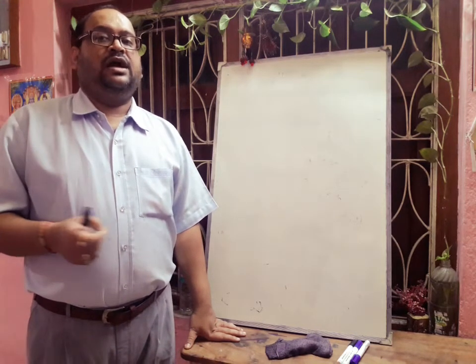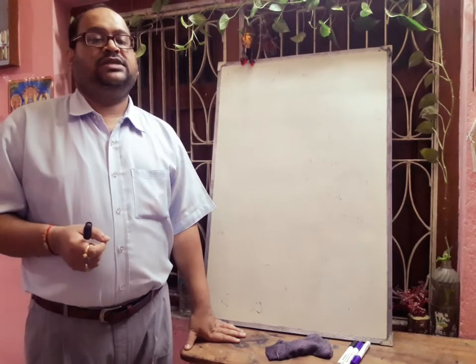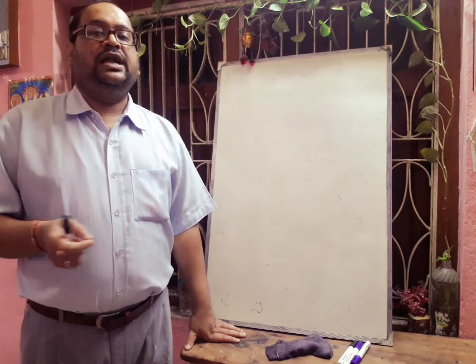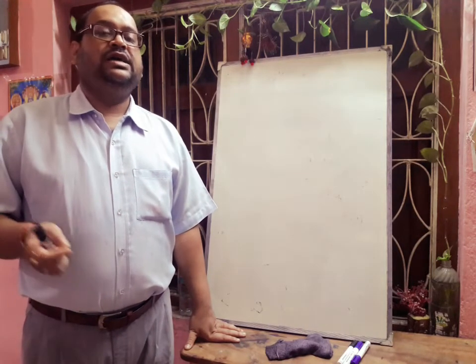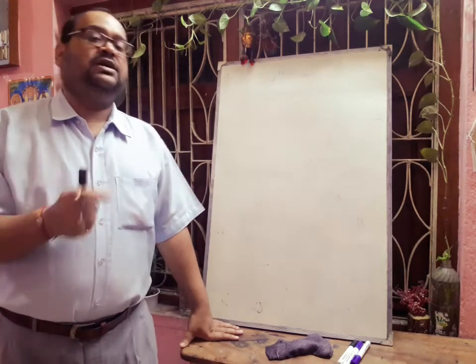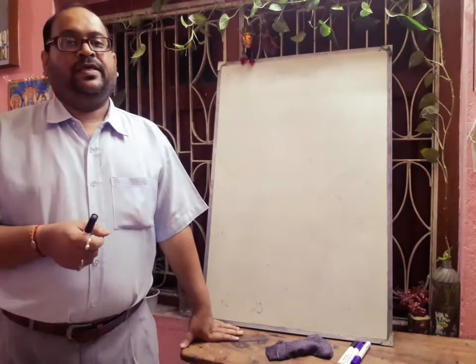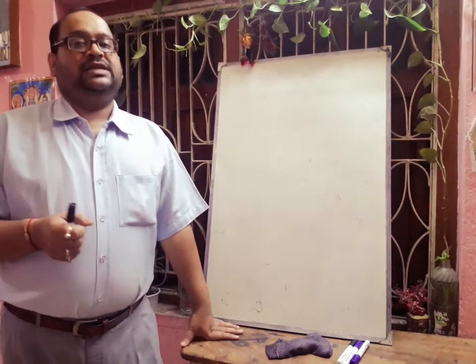This systematic nomenclature was given by IUPAC, the International Union of Pure and Applied Chemistry, and now it is used all over the world. For a particular organic compound, there is only one name all over the world, and it is systematic. Now we will discuss the IUPAC nomenclature.